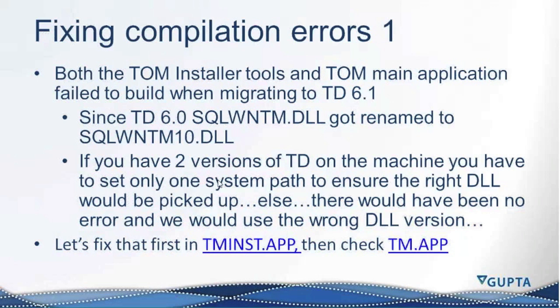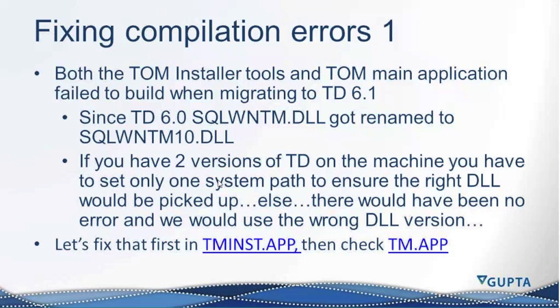The reason for doing that is we've been using this SQLWNTM DLL name since, I don't know, since TD 1.1 or something like that, and we never changed it. It got to the point where people got confused which SQLWNTM belongs to which version.